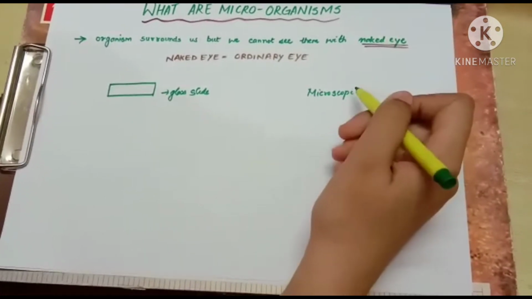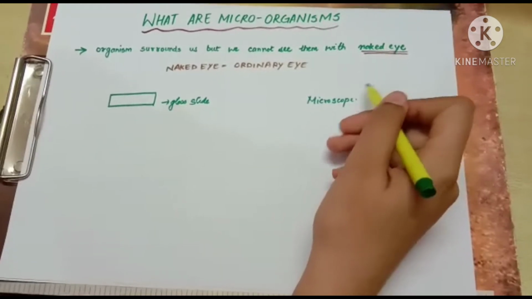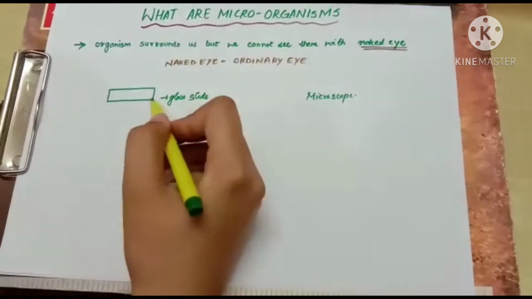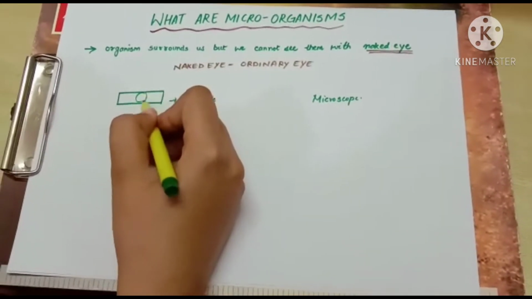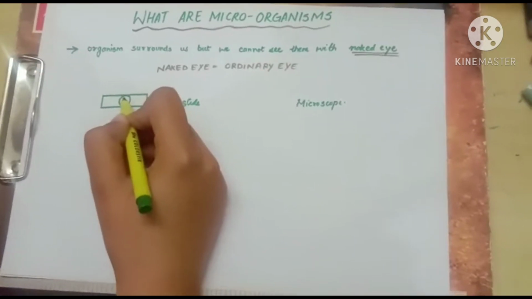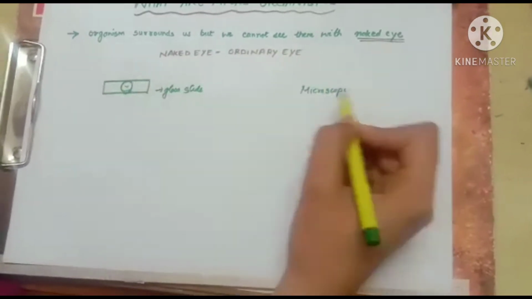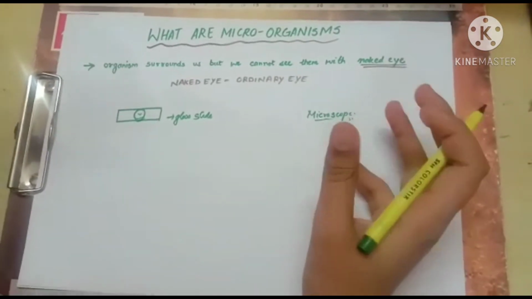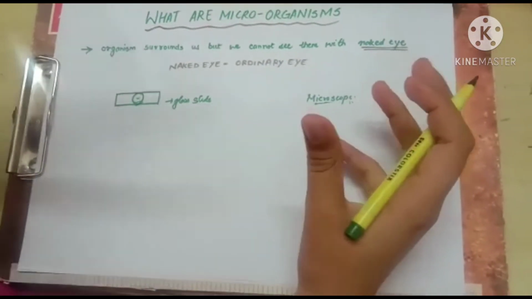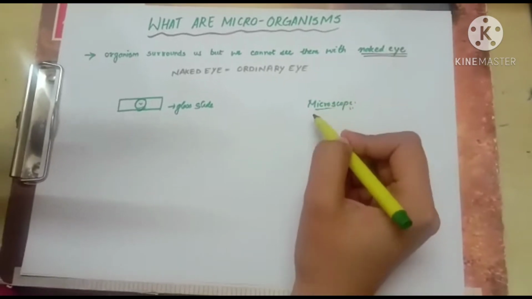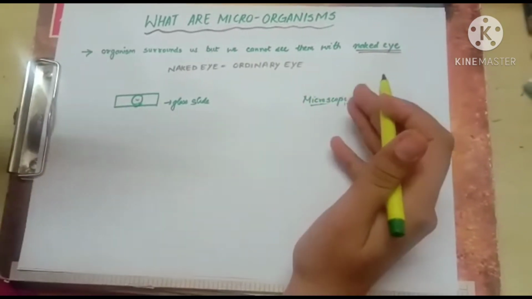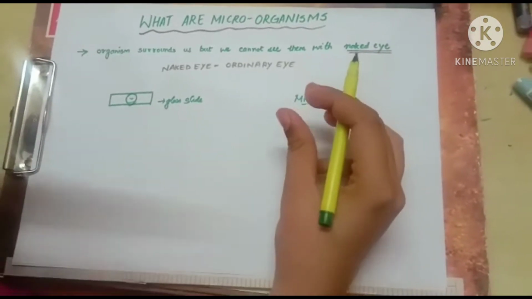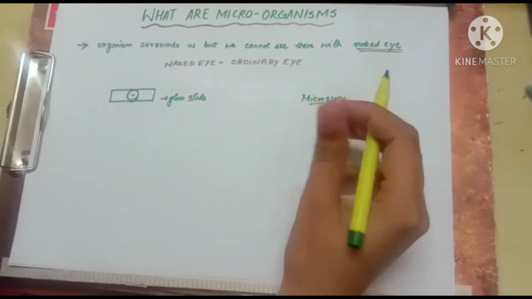and through our eyes we can look through the lenses of the microscope and easily see what is kept on the glass slide. So what is a microscope? A microscope is a device which enables us to see a magnified image of small objects like microorganisms.